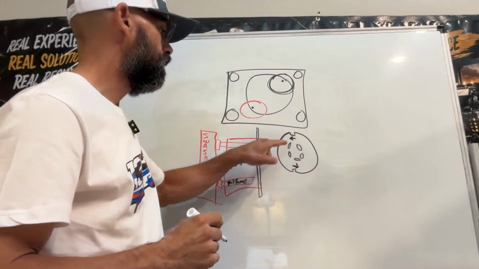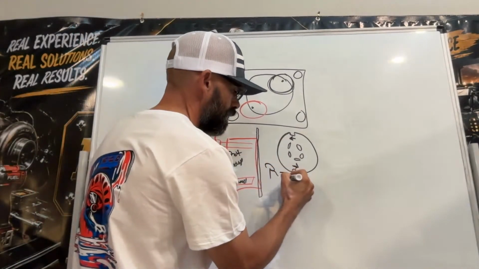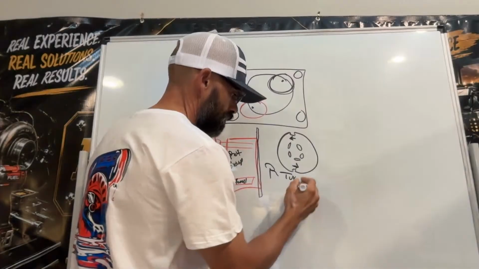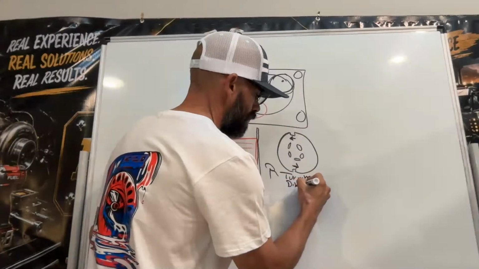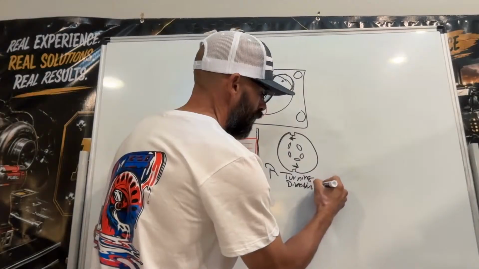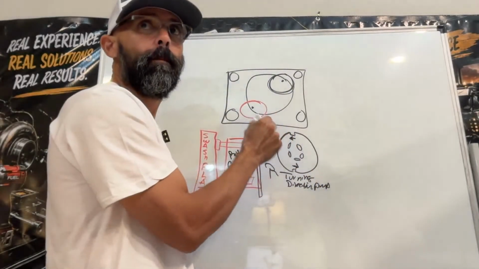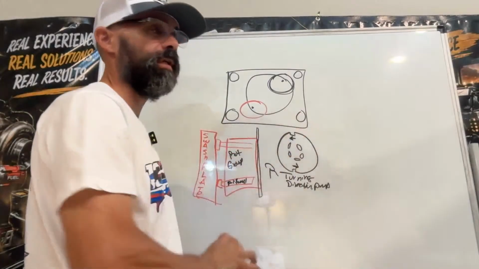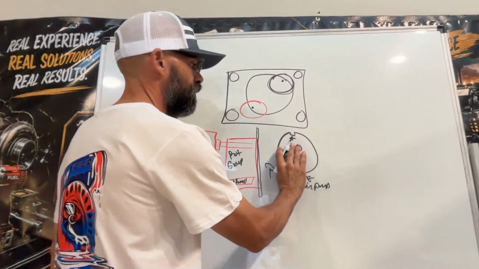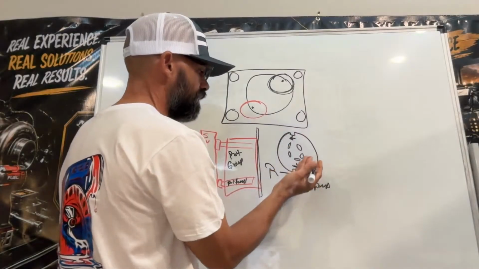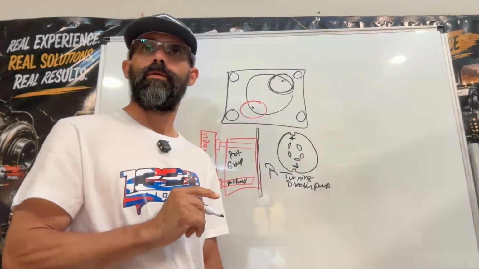So if this is a right turning direction pump, make sure you put those components exactly how they were. Because if you put this plate the opposite, then you're gonna have issues.